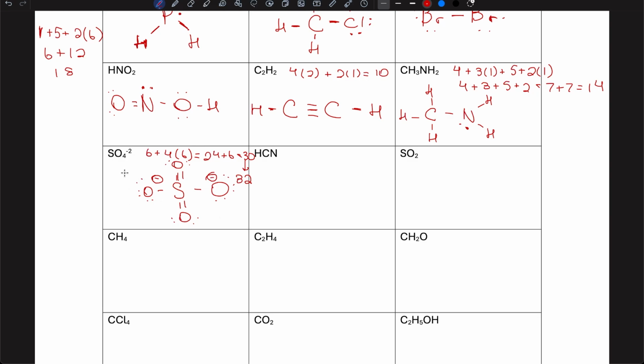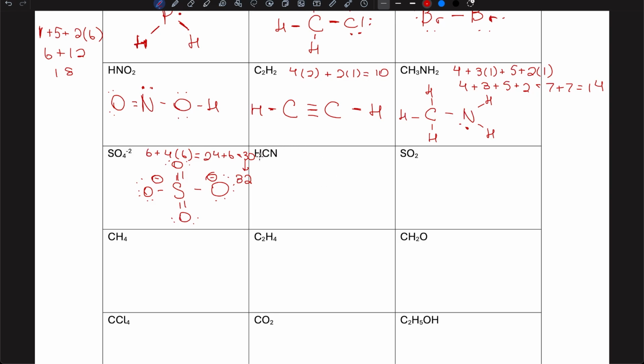And if we count again, this will add up to 32 valence electrons and a -2 charge. The charge, if you guys aren't really sure about that, we'll go into detail in the next video, formal charges. Again, on my YouTube page, check that out. Also another worksheet for that and an explainer video.